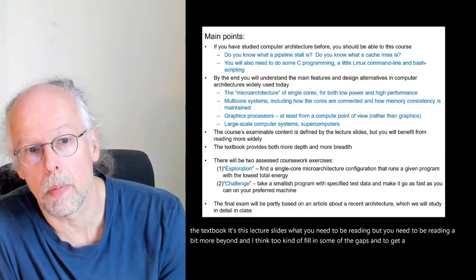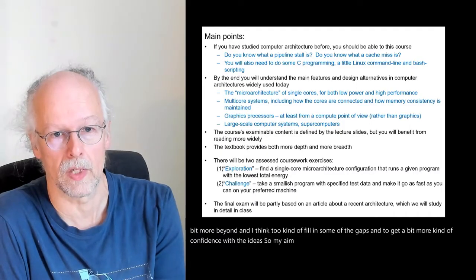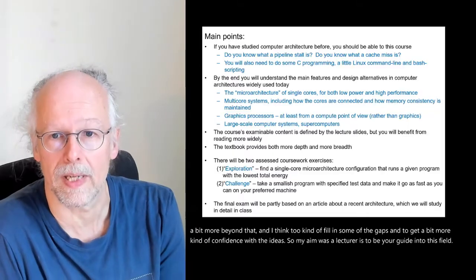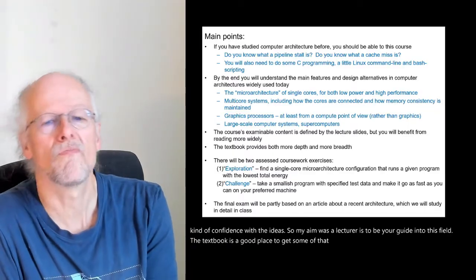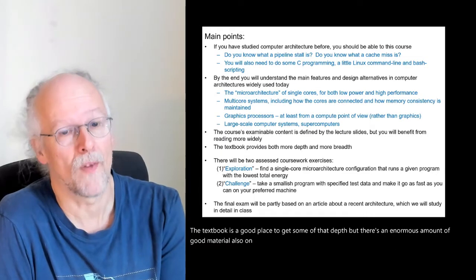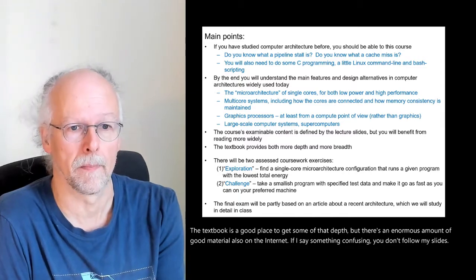The textbook is a good place to get some of that depth, but actually there's an enormous amount of good material also on the internet. If I say something confusing, or you don't follow my slides, check the slides of other people teaching courses a bit like this. You may find them to be quite similar. You may find that they give you a bit more understanding.